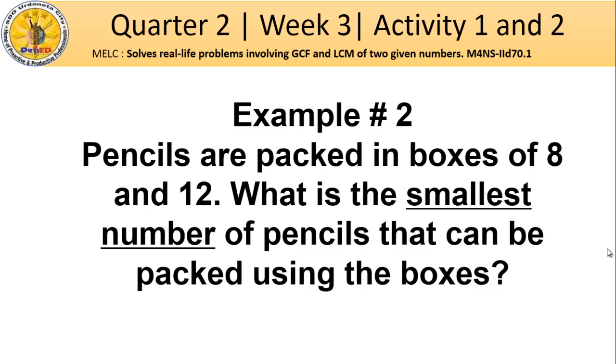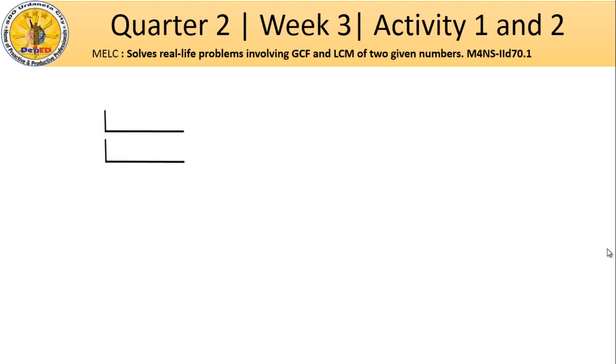Again, you can use listing method, prime factorization, and continuous division to find the LCM. We will use continuous division again to solve the problem. What is the LCM of 8 and 12?